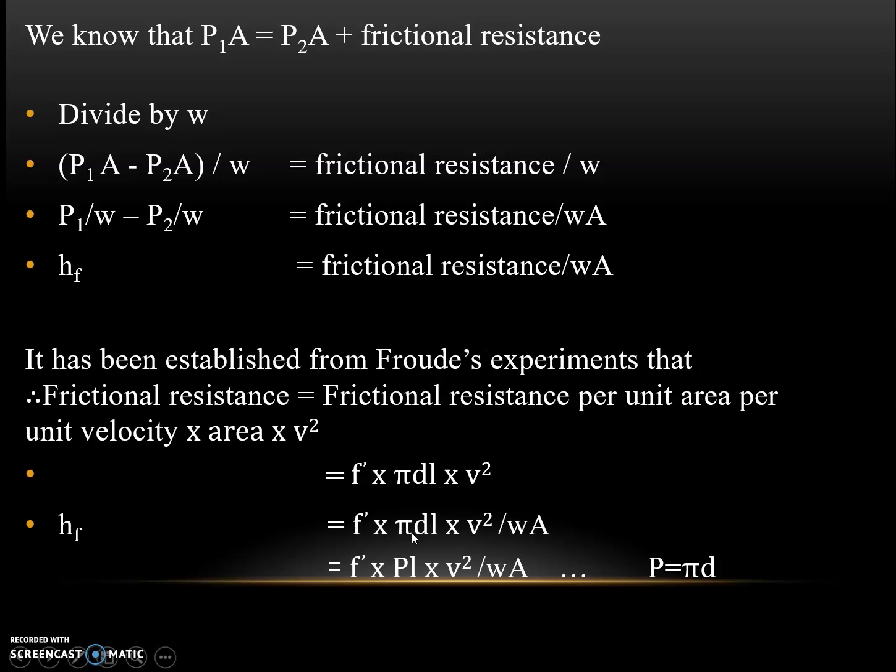So HF is equal to F dash into pi dl into V square divided by W into A. We will replace pi into D by perimeter P. So F dash into PL into V square divided by W into A.